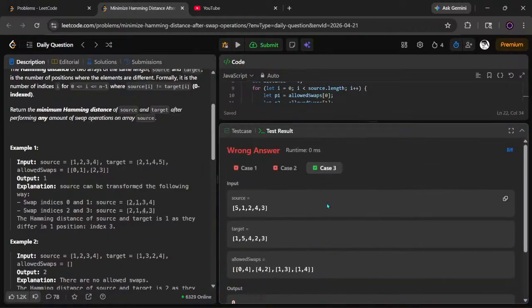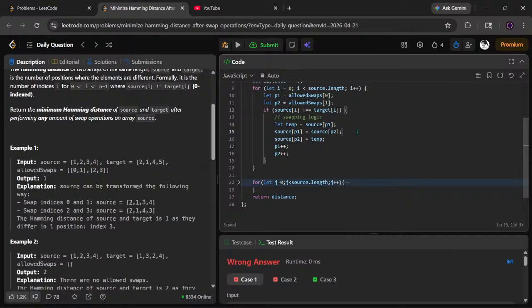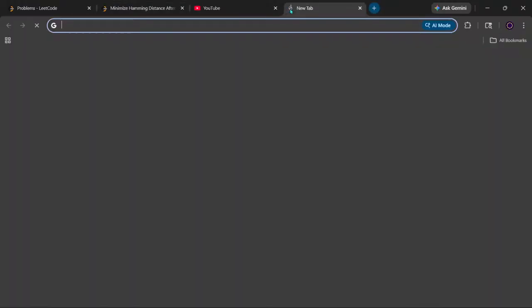Wow, it worked for one. Let's print and see. Temp, source one. Let's see the swap.